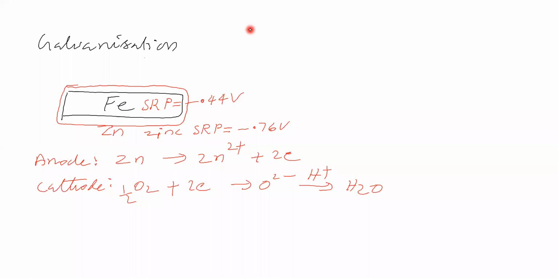So as time passes, what happens? Zinc goes on dissolving and the thickness of the zinc coating keeps reducing. Suppose due to any scratching, suppose scratching takes place.